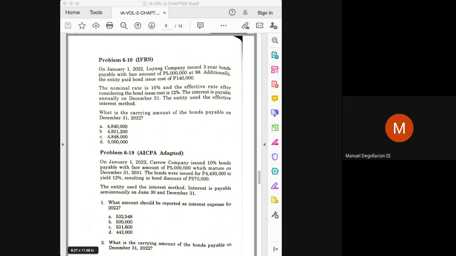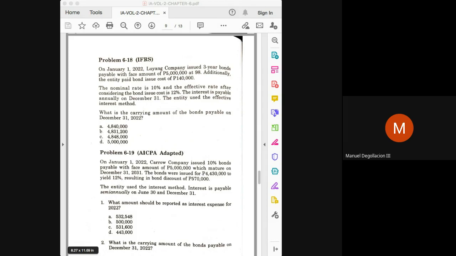Okay, so the main difference of this problem from the other problems discussed in the earlier videos is that we are now dealing with bond issue cost. Just remember that your bond issue cost will also have to be amortized, so this will be offset against your premium or discount.